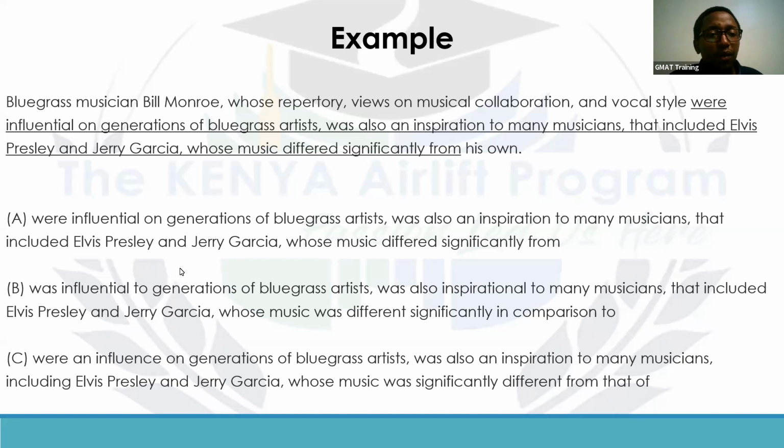So if we look at A, or actually let's look at the meaning first. So we have a musician here, Bill Monroe, and then we have some description here, and then what the sentence now wants to pass across was also an inspiration to many musicians.